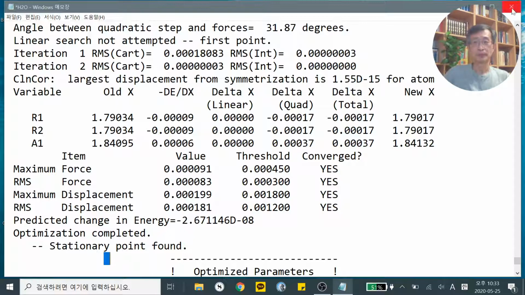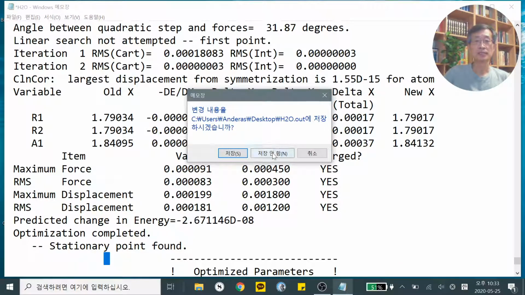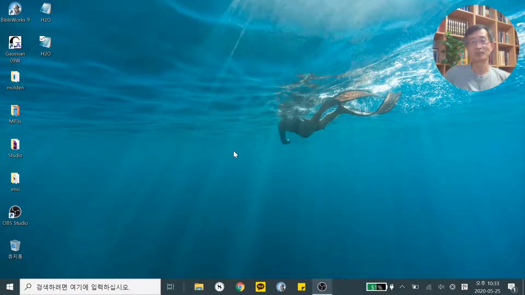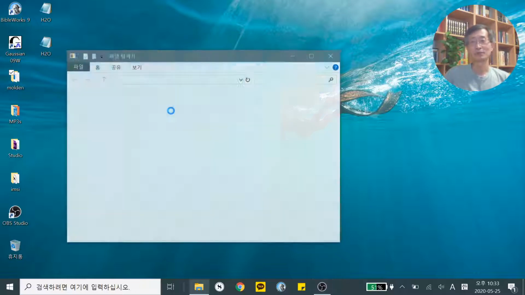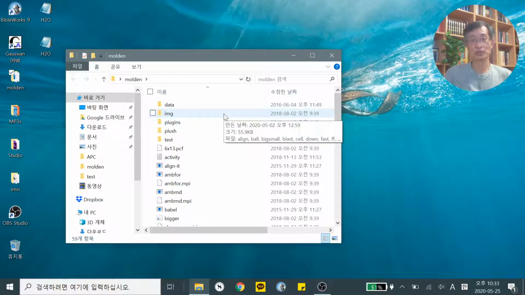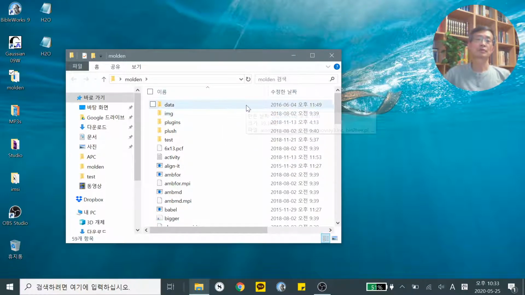Okay, so once you have done this, I think I have to save it, because I put entering Gaussian system. Okay, we can now use Molden. You obtain Molden from the distributor. Just search on Google or any other search engine for Molden.